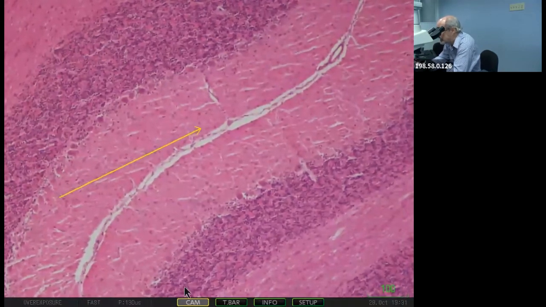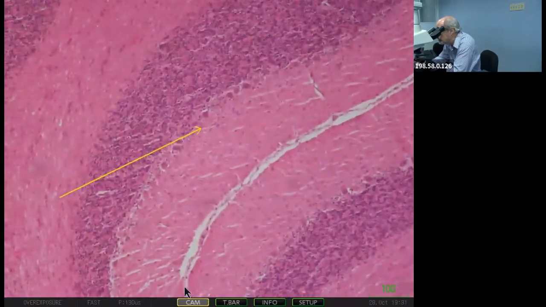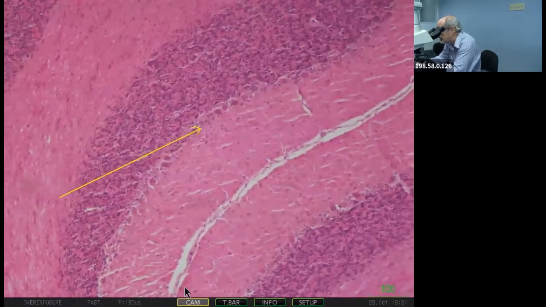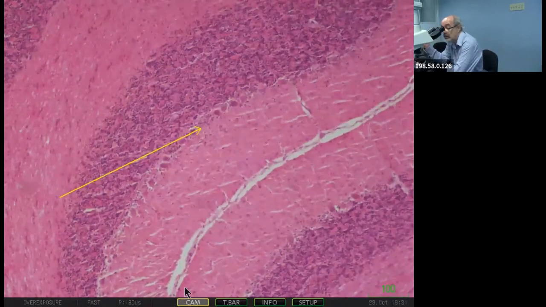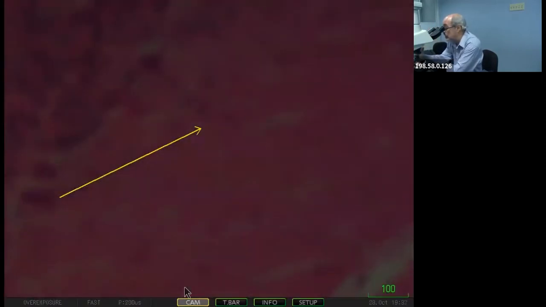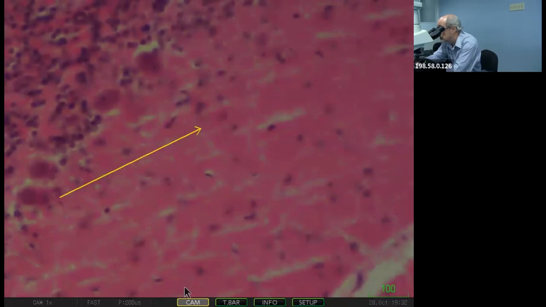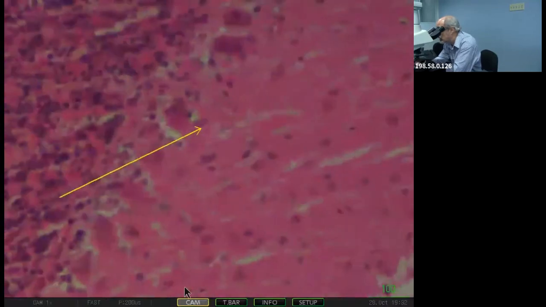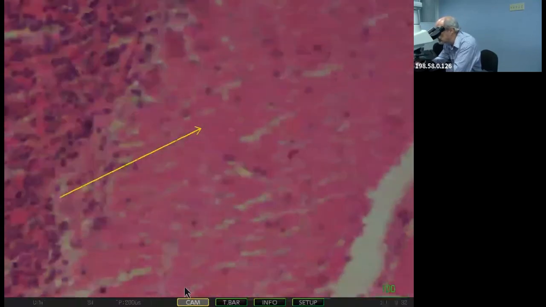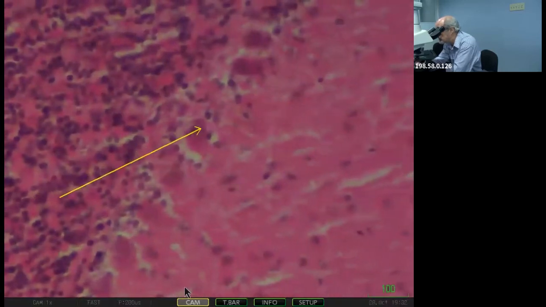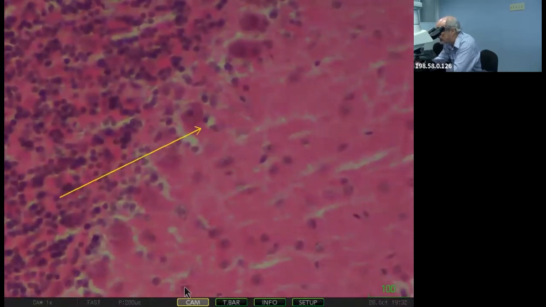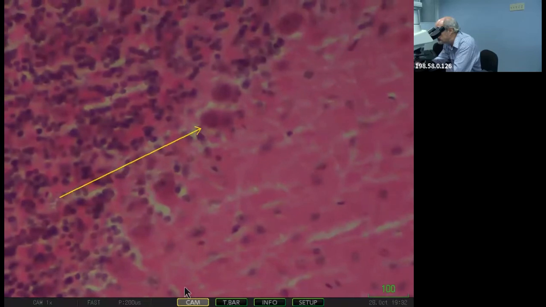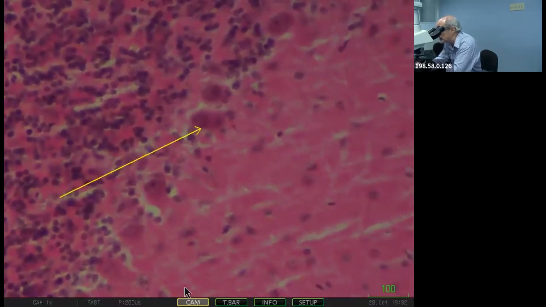Here you have your Purkinje cell layer with some Purkinje cells, which are pretty big cells, and they are piriform, which means pear-shaped.